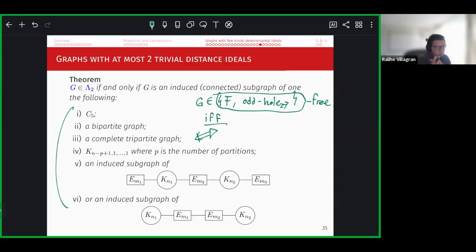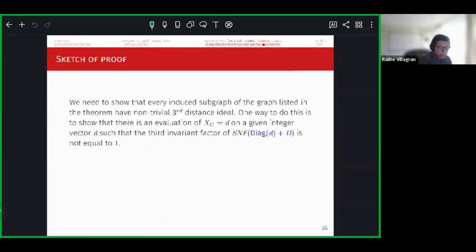But then to actually have the theorem, which is that a graph has at most 2 distance ideals trivial over the integers if and only if it looks like any of these graphs, we have to do a little bit more.